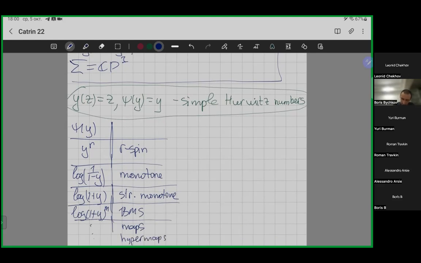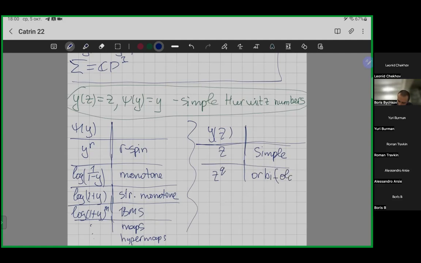And the specializations of y give the following: if it is z, it is just simple numbers; if it is z to the power q, it is orbifold; and in the case of any polynomial, sum over k from 1 to d, it gives what one usually calls double weighted Hurwitz numbers.